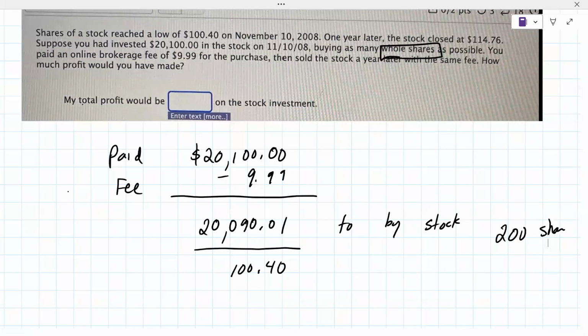It's a little bit less. 200 times $100.40 plus the 9.99. So we're just way off here. So I don't know what to do. I mean, yeah, it is off by about $90.